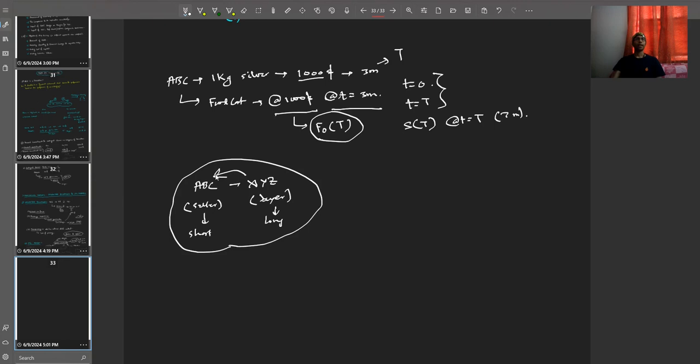Right? Now let's say at T is equal to T, which is 3 months in this case, the price of silver is $1,200 per kg. In this case, this is case 1, let's say.